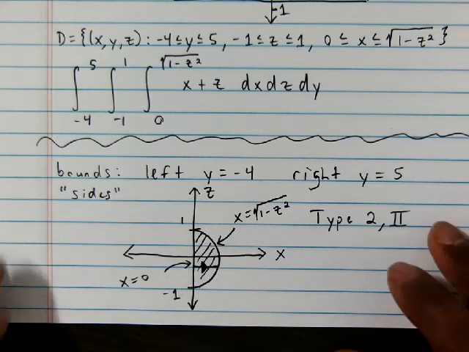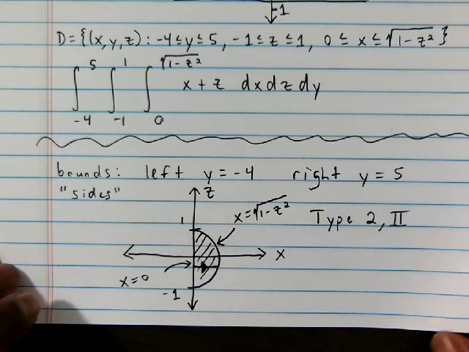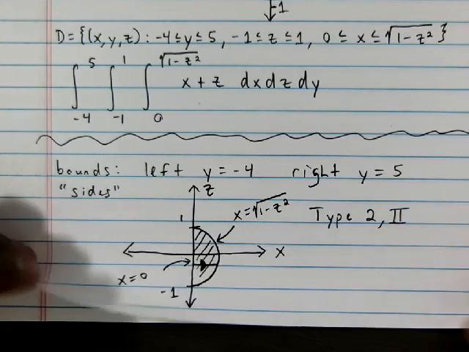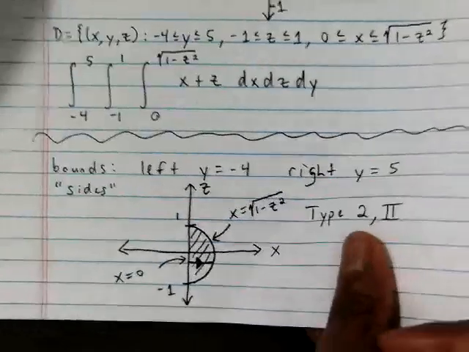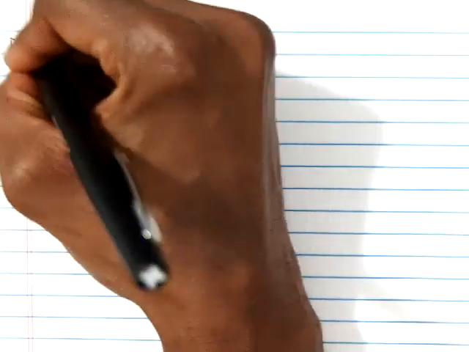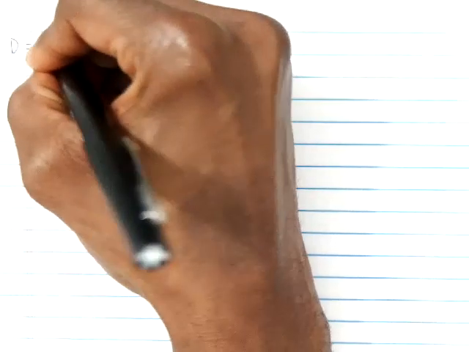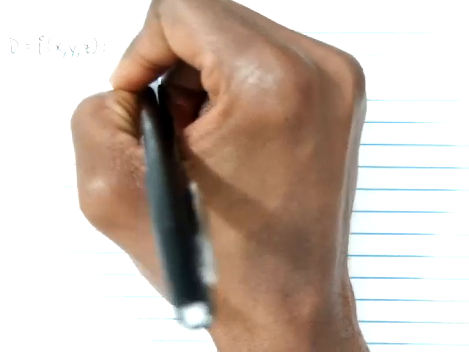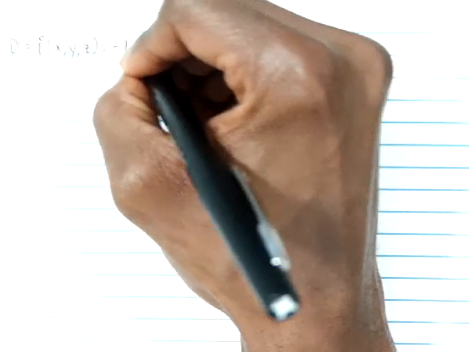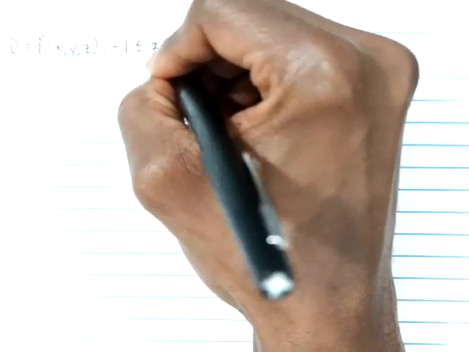So now our region D in this scenario would be D equals the set of points x, y, z, such that we're going from constant to constant in the z direction. So z went from -1 to 1.